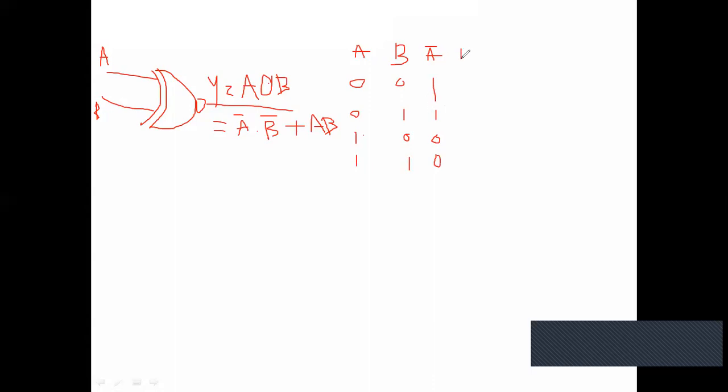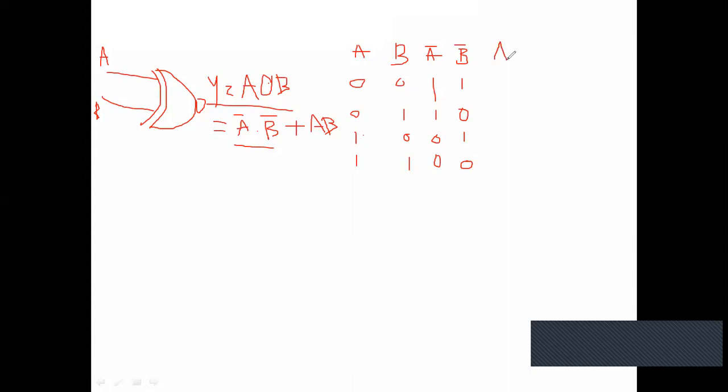So next, B bar also. We know B, so from this B we are getting B bar. B is 0, B bar is 1. B is 1, B bar is 0. B is 0, B bar is 1. B is 1, B bar is 0. Okay, Amma. Now A bar dot B bar.